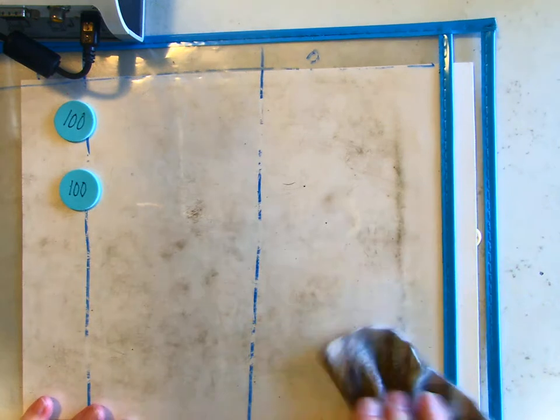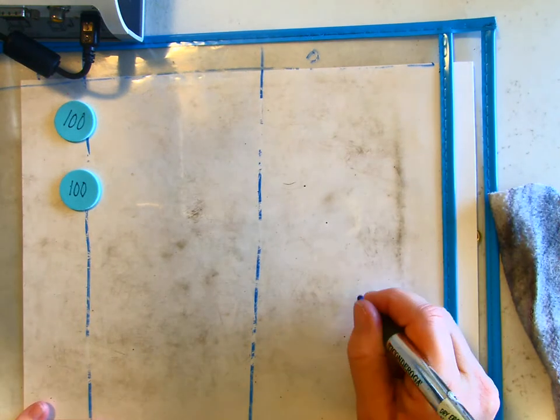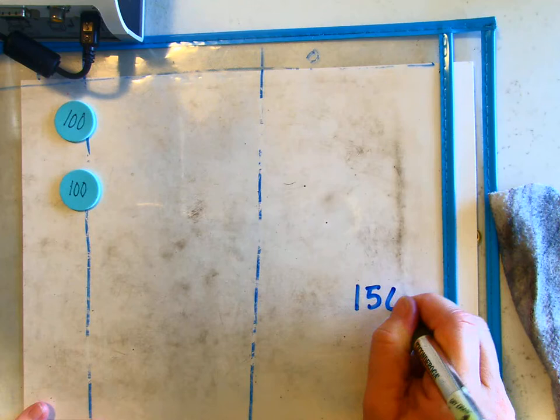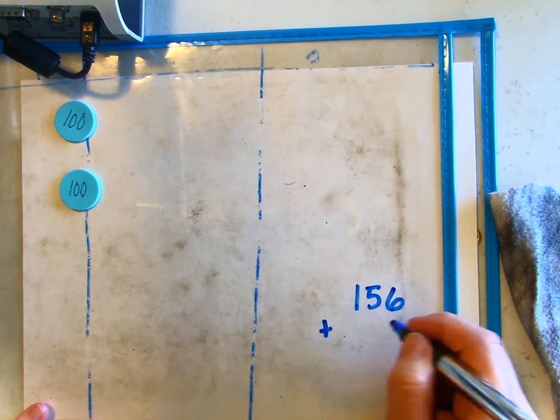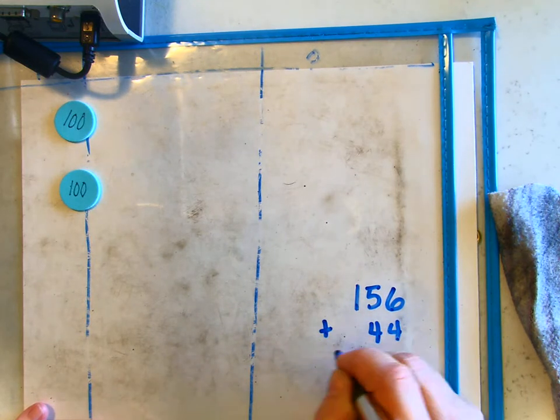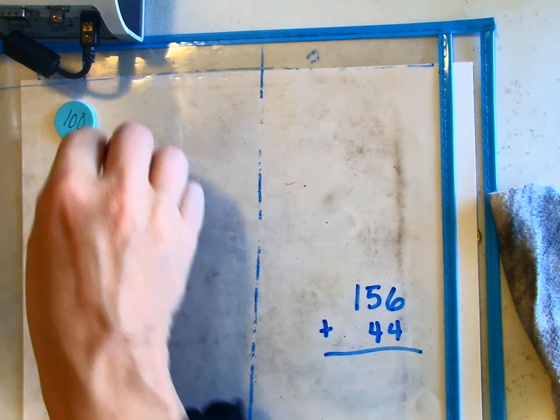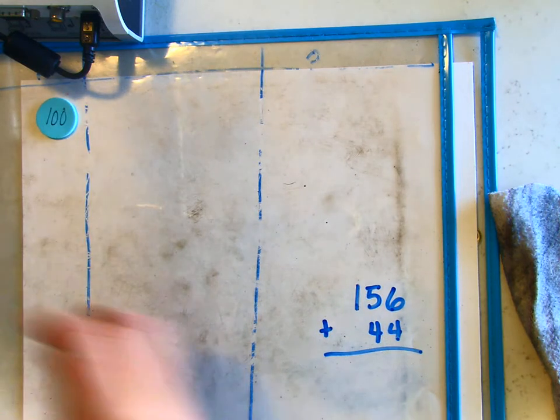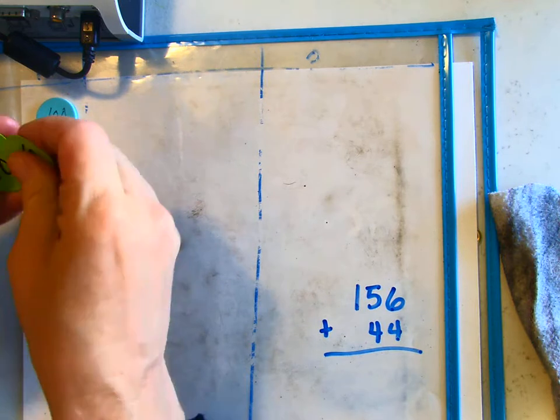And again, we have 100. 156 plus 44. 100. We need 5 tens.